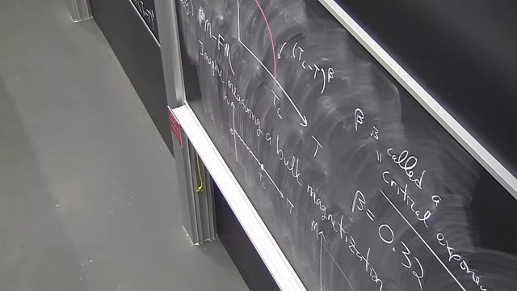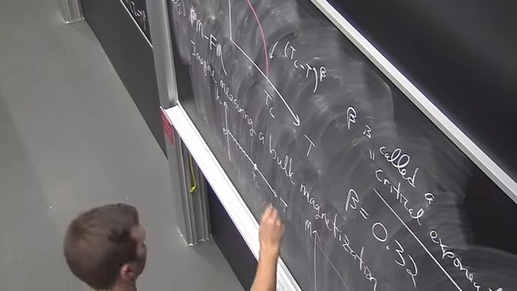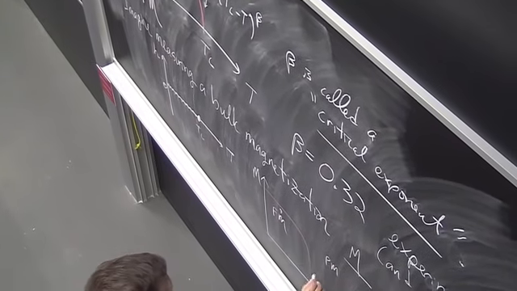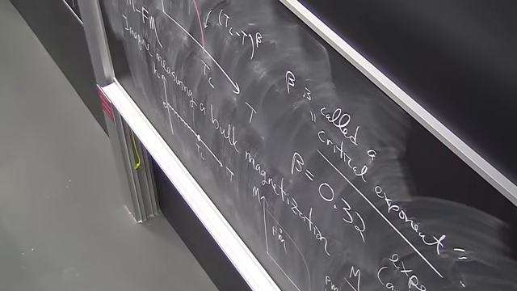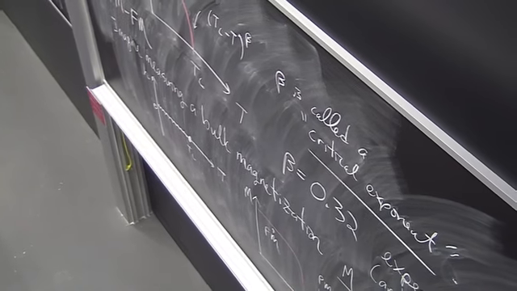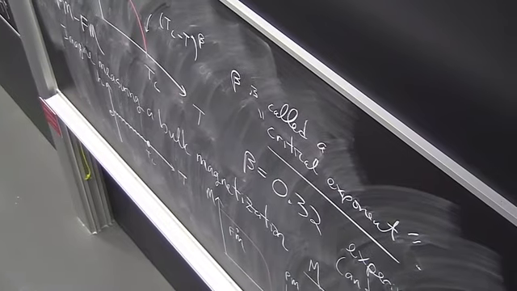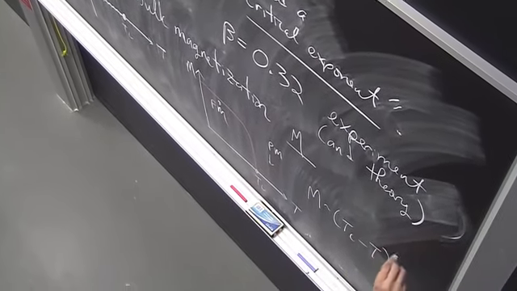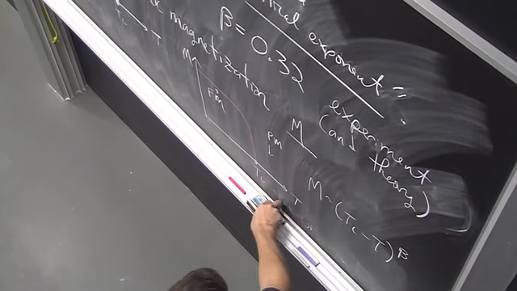This is the paramagnetic phase, and this is the ferromagnetic phase. I should have written that here: paramagnetic above, ferromagnetic below. The order parameter is what defines the ferromagnetic phase. And here you would see the magnetization turn on as T_c minus T to the beta, to some exponent beta.